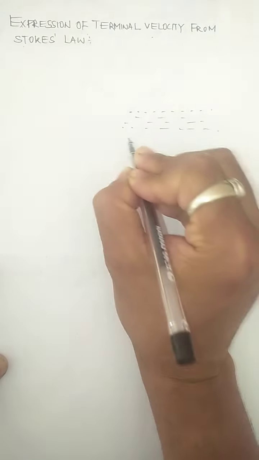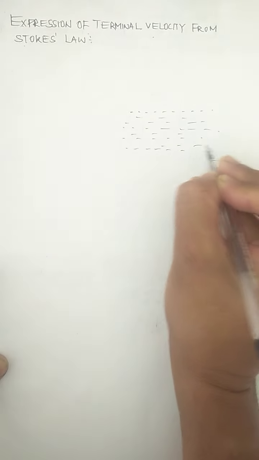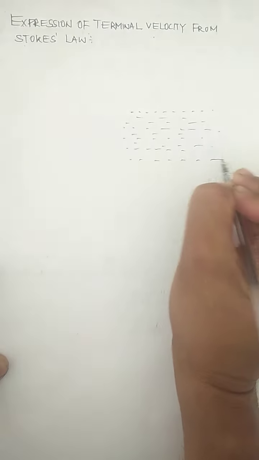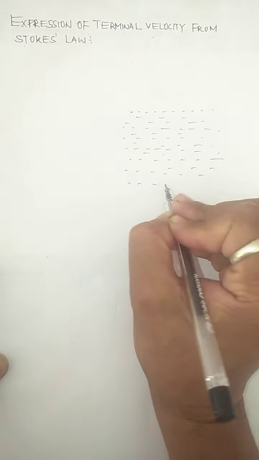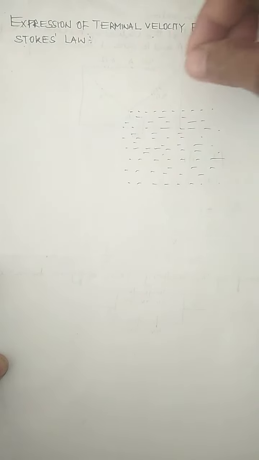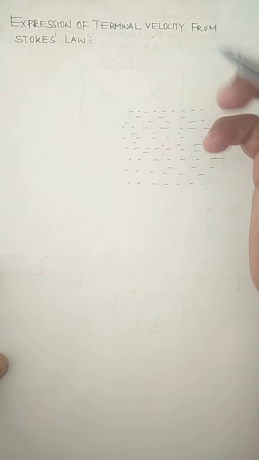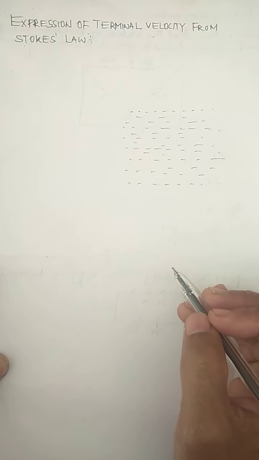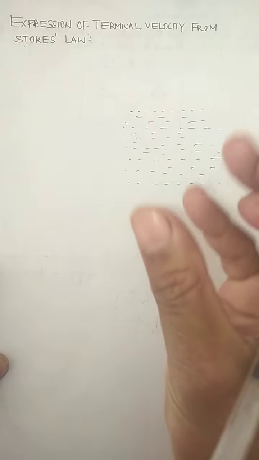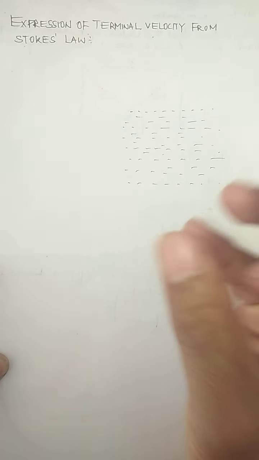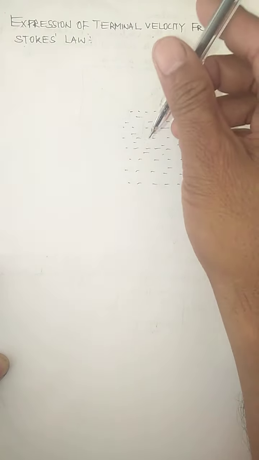Consider a liquid contained in a beaker, and I am dropping a very small spherical ball into this liquid. The spherical ball is small, smooth and rigid, and when I drop it, it moves slowly.